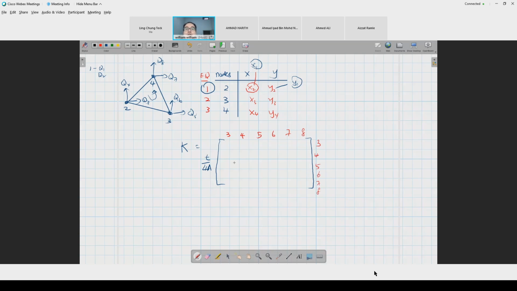You can go to your formula sheet and label 3, 4, 5, 6, 7, 8. Then you can choose what you want to calculate. For example, let's say our unknown degrees of freedom is Q5, Q7.